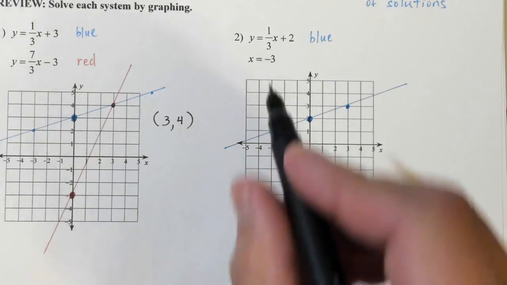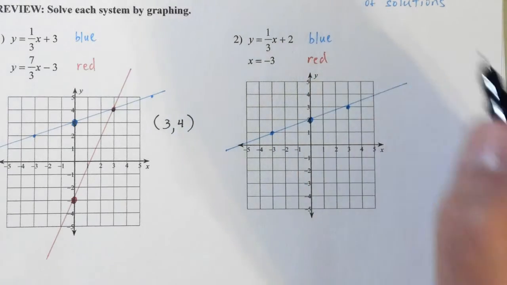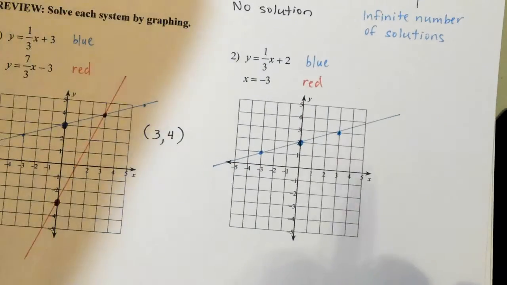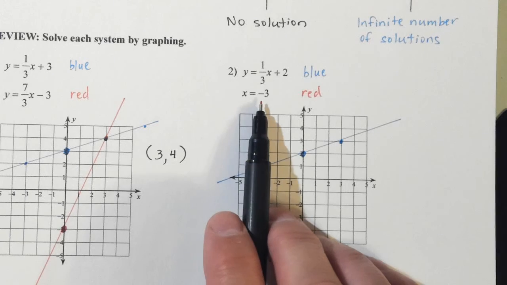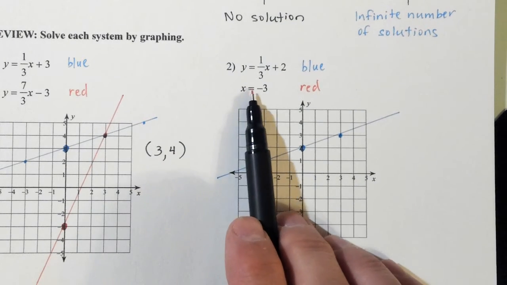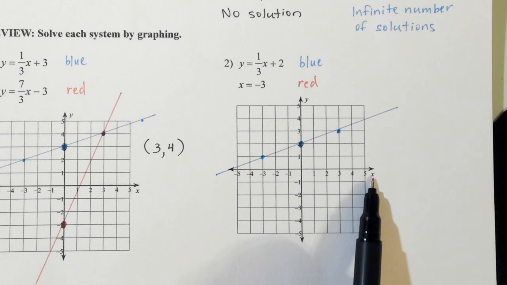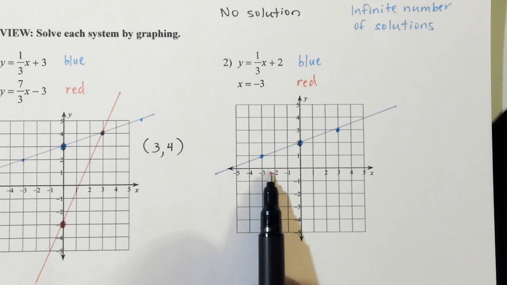And x equals -3. So hopefully you guys remember from earlier in the year, x equals is going to be a vertical line. So where does x equal -3? X equals -3 right there.